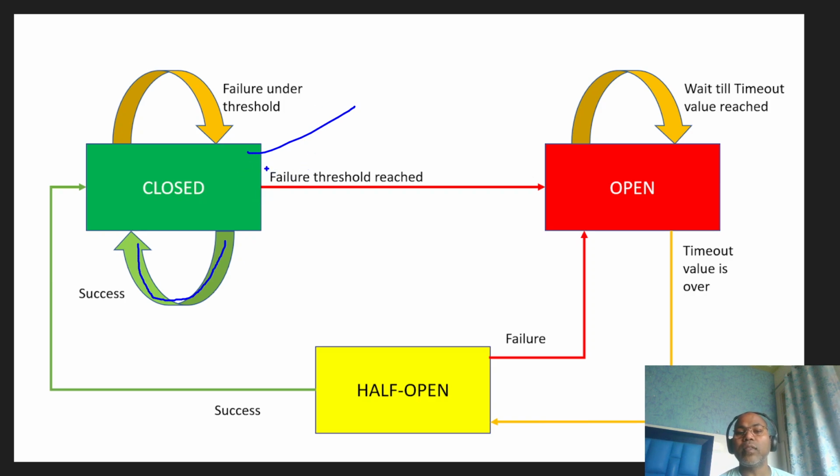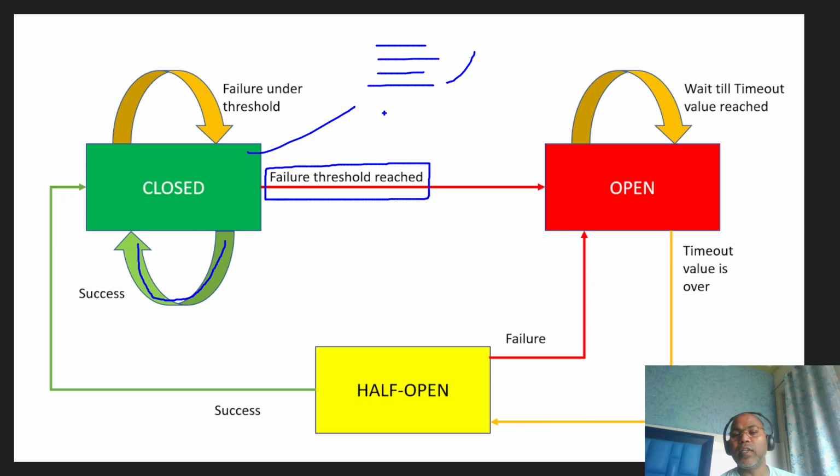At some point we have to decide on a threshold for the circuit breaker. If our application is responding very slowly, or, say, three or five consecutive requests fail, or the response is very delayed, and some threshold is reached, then our circuit breaker state goes to open.